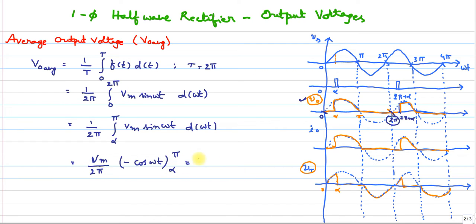So this becomes Vm by 2 pi into minus cos pi minus of minus plus cos alpha. Finally this becomes Vm by 2 pi into, since cos pi is minus 1, minus of minus 1 gives plus 1. So Vm by 2 pi into 1 plus cos alpha. This is the average output voltage of the half wave rectifier.